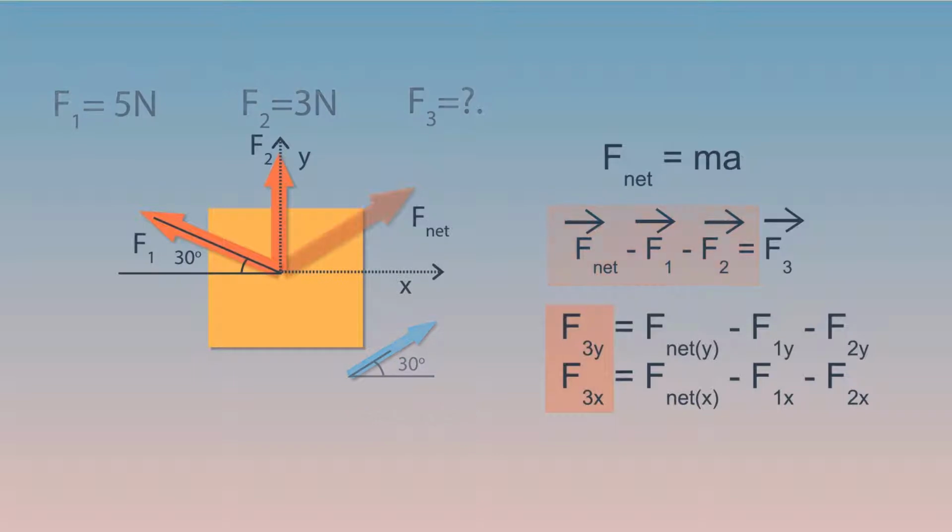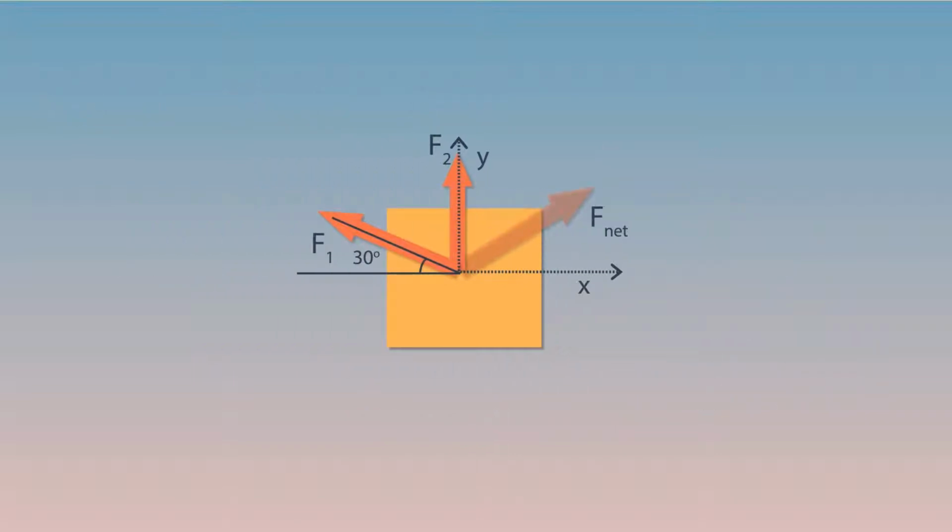Simple, isn't it? Just to broaden our understanding, it should be mentioned that we could have taken any axis. Let's take an axis oriented in the direction of acceleration. Now, how do we know which one is better? In this form, we need to resolve two vectors, F1 and F2, and F net is already resolved.